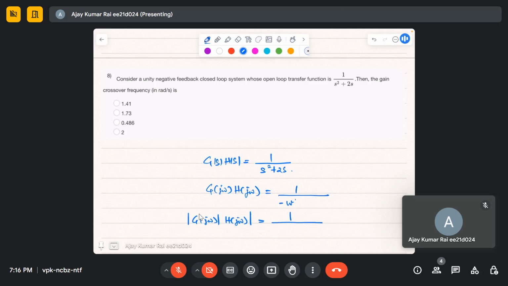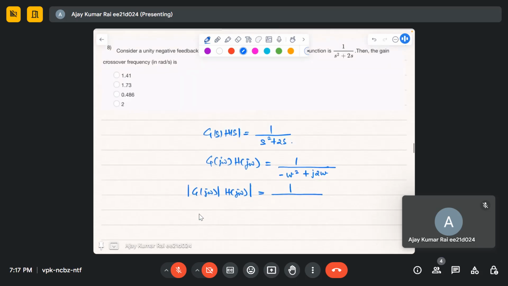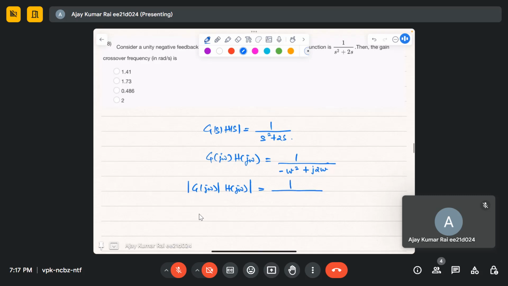It will be minus omega square plus j 2 omega, because minus j omega square is minus omega square, j square is equal to -1.